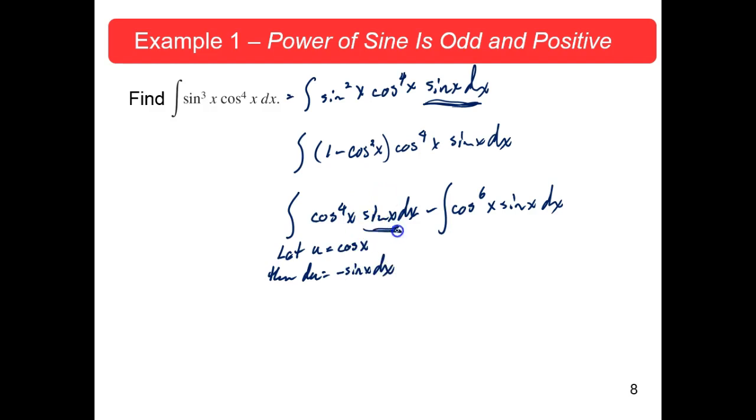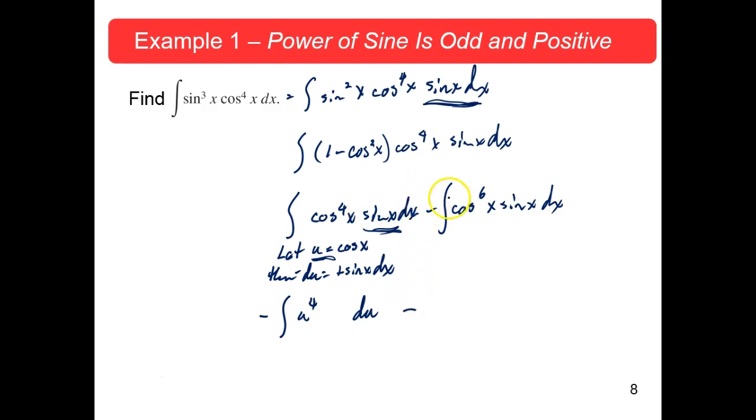And you see, that's why we want the sine x dx there. That's going to be your du. Well, with a sign change here, but it's okay. So we can divide or multiply by minus 1 to make the minus du. So this first one's going to be the minus the integral. It's going to be du's now. And what was your cosine? U. So this is going to be u to the fourth du. Right?